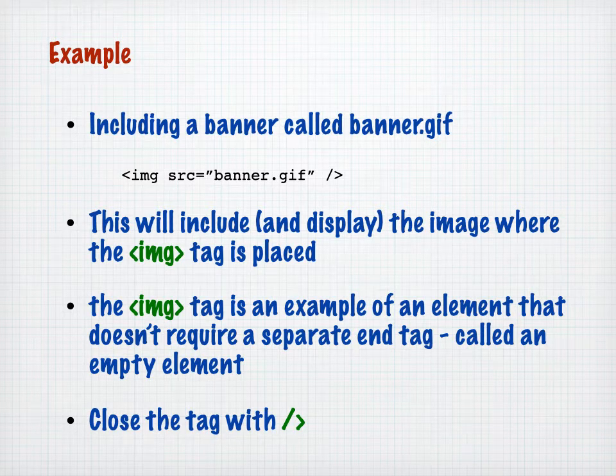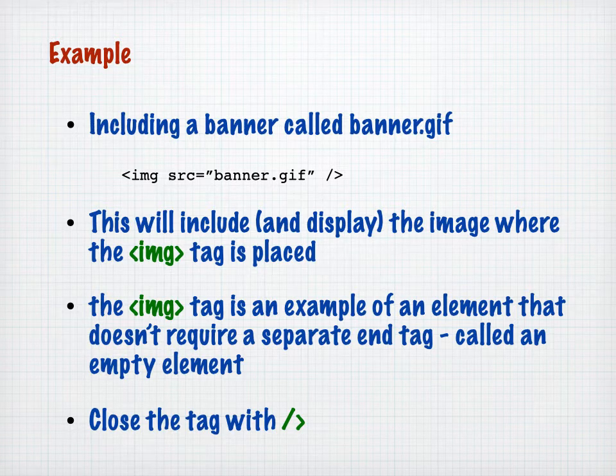Here it is. So here's a particular attribute for the image tag that's called source. And source is abbreviated to src. And what we do is we're going to give source a value. So you can read this aloud as saying the image tag has an attribute, and the attribute for this particular image tag is for the source of the image, and we go src equals, and then we have a value.